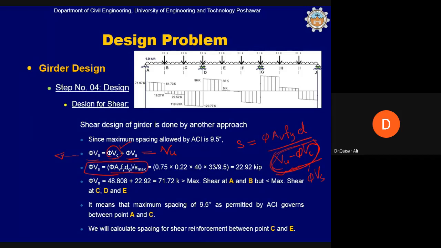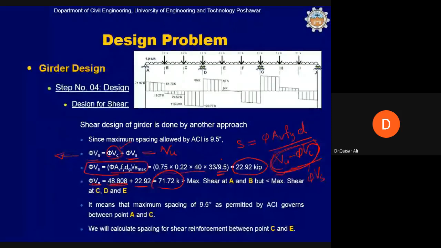So if we space all the stirrups at 9.5 inch center to center, then φVs, the shear capacity of stirrups, will be equal to 22.92 kip. Now φVn, which is the combined capacity of the girder in shear, partly by concrete and partly by these stirrups, will be equal to 71.72 kip.